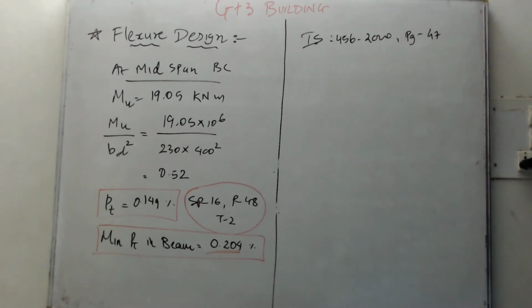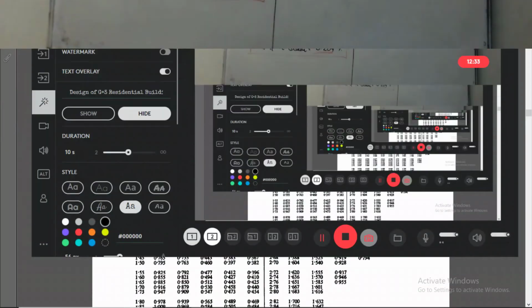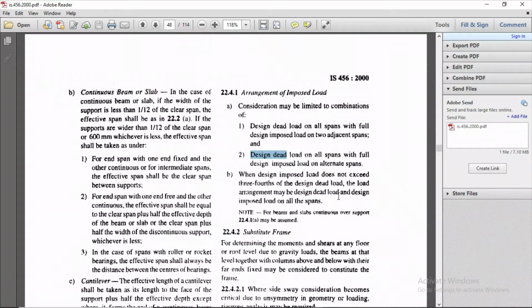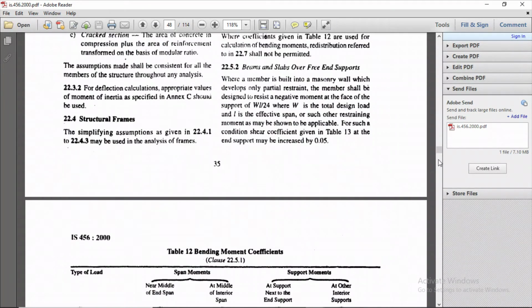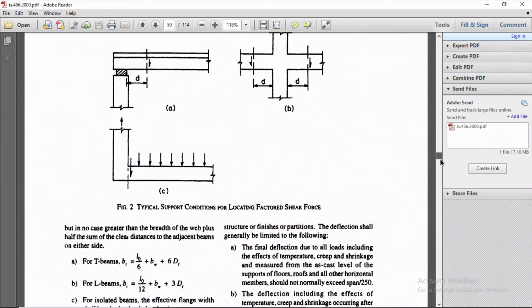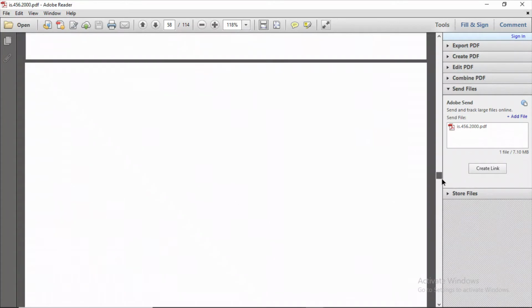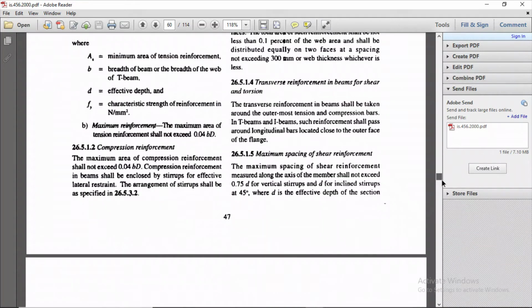So this is my IS code, and if I go to page number 47, yes, here it is.